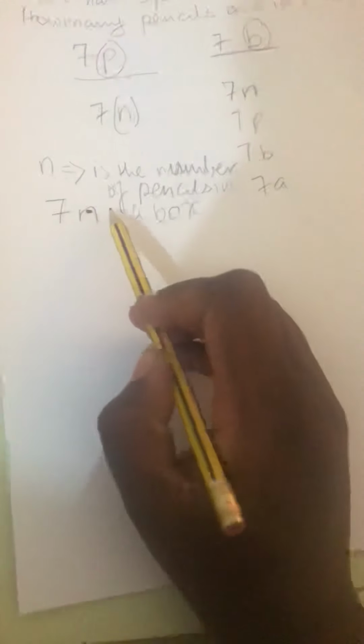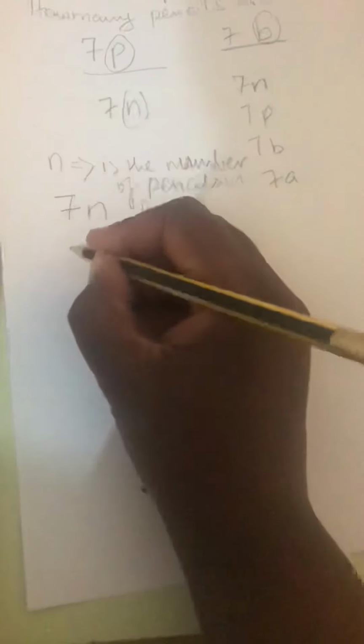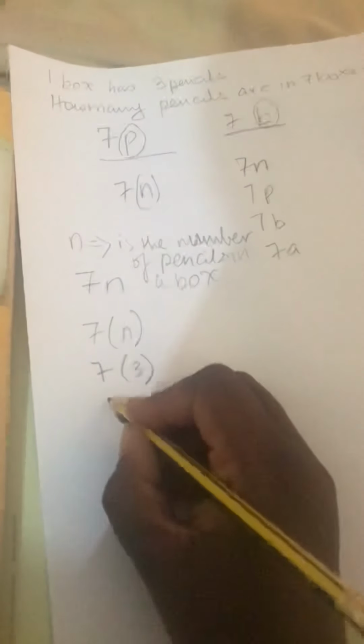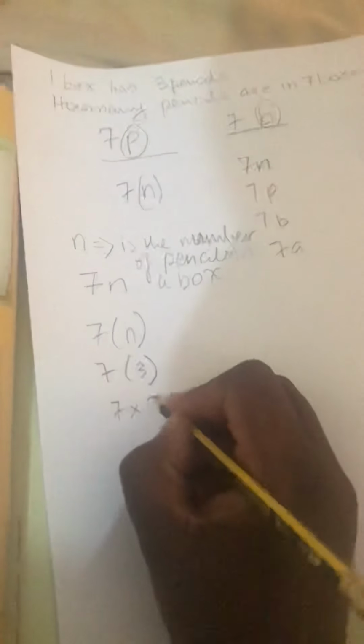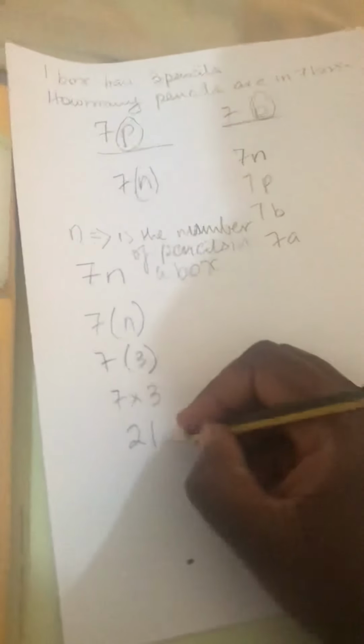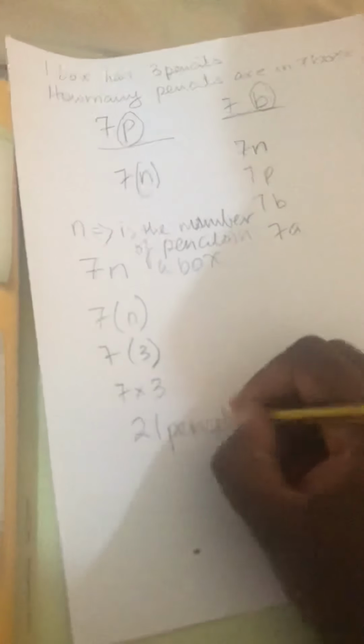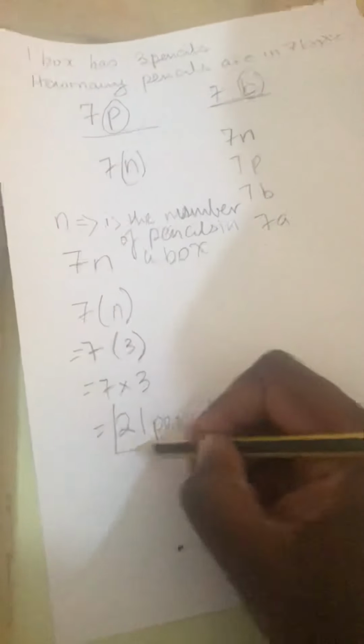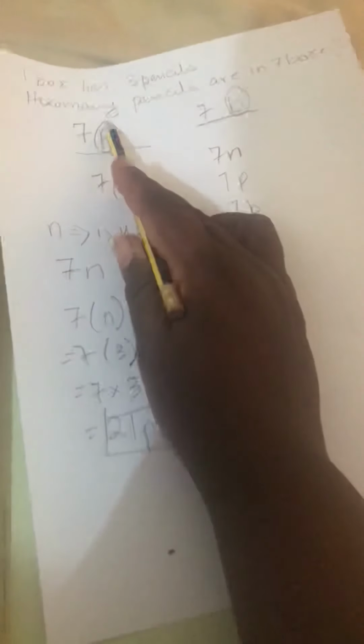Since N is the number of pencils in the box, for me to find how many pencils are in 7 boxes, I have to multiply 7 and N. Okay? So this becomes 7 bracket N. And I know in one box there is 3 pencils. So 7, 3. This means 7 times 3, which is 21 pencils. So this is my answer to this question.